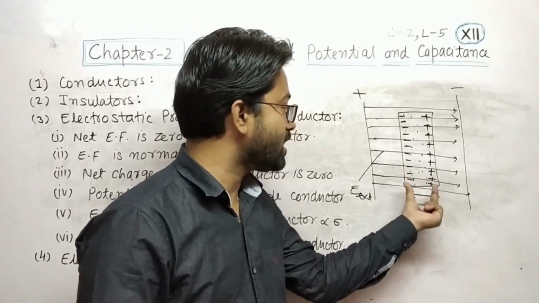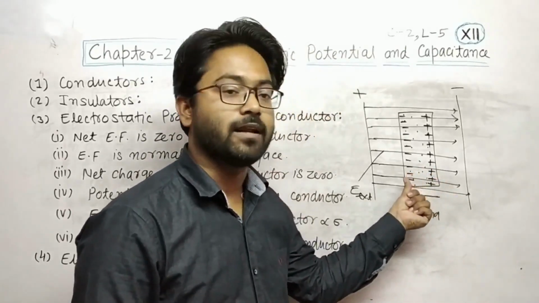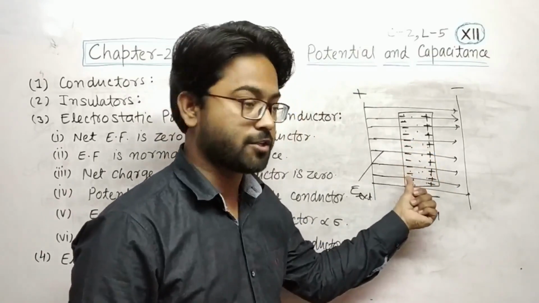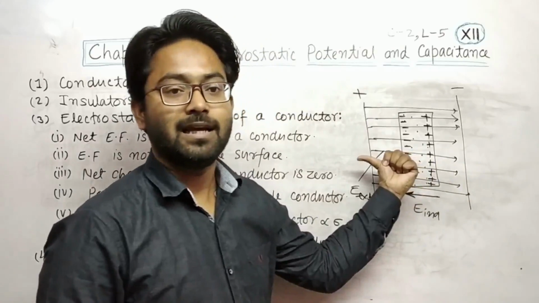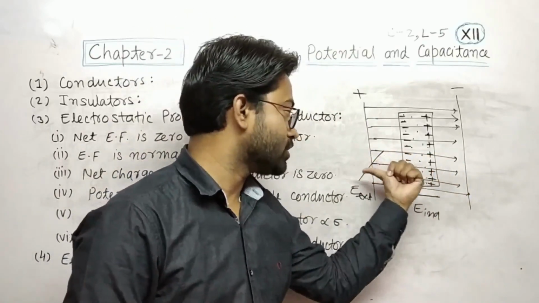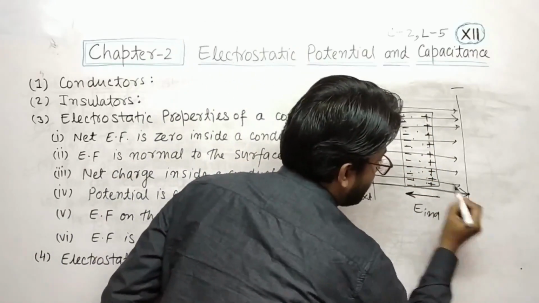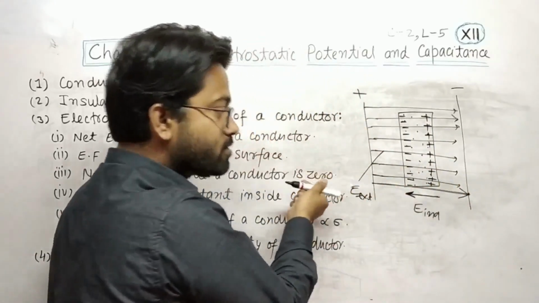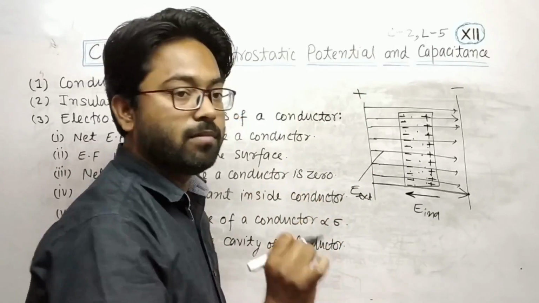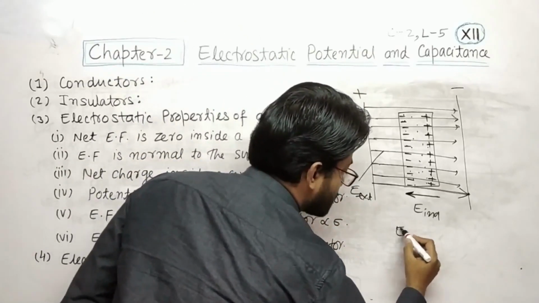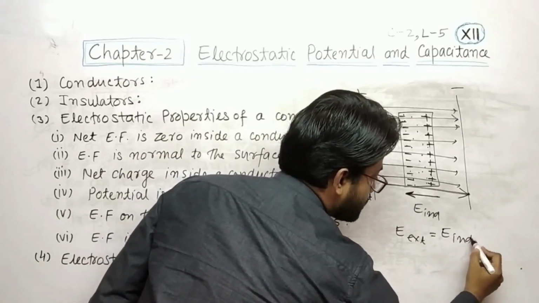Due to the induced charge, there will be an electric field from positive to negative charge, means an induced electric field in this direction. The external electric field is in this direction, and the induced electric field is in the opposite direction. At equilibrium, the external field equals the induced field.